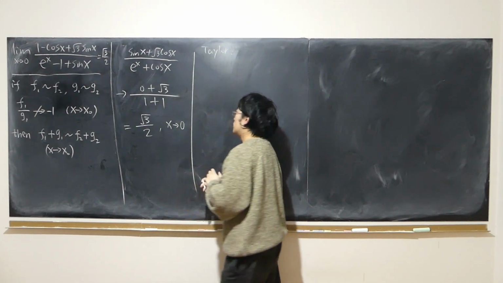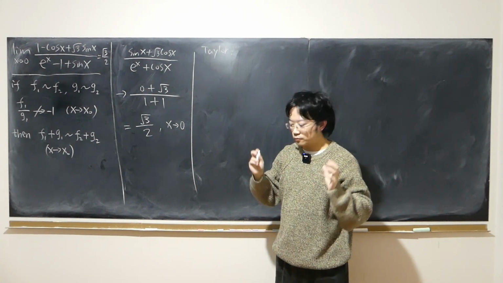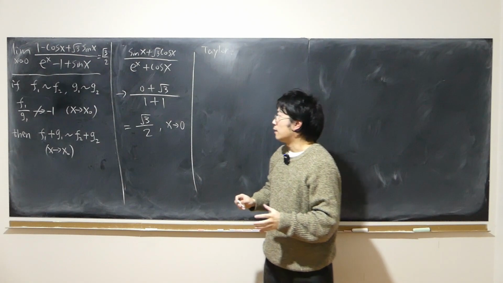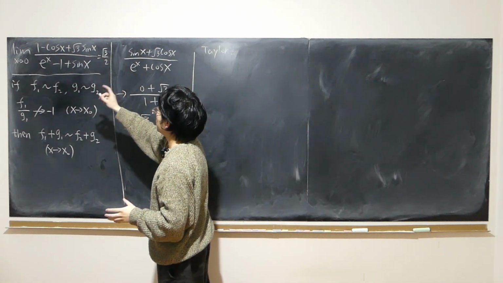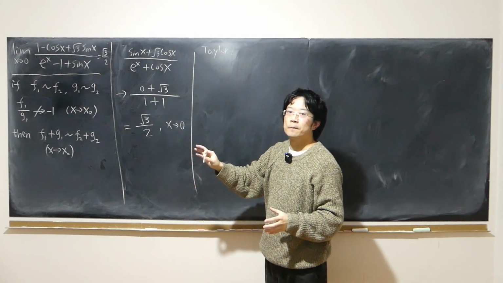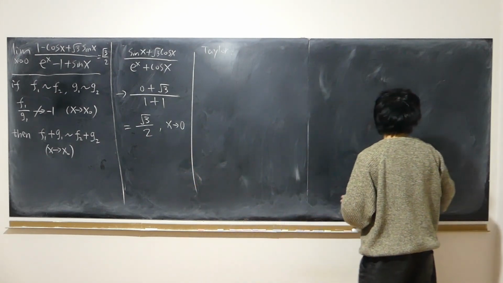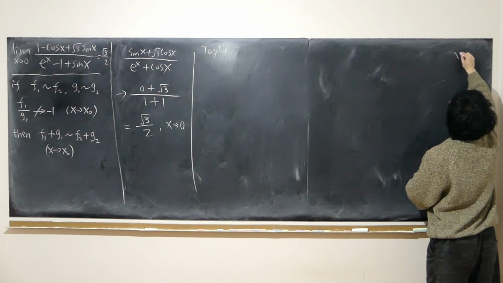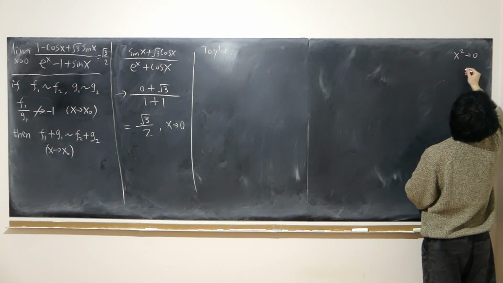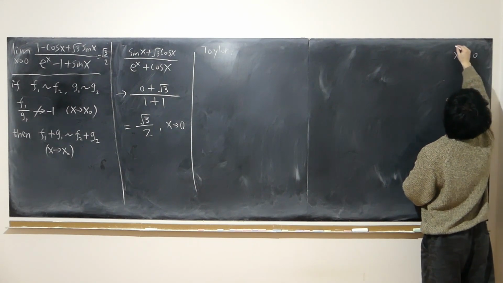Because remember, when I mentioned at the beginning of the video, I was talking about the speed at which the top or bottom is approaching 0. At exactly what speed? That's what I mean. So we can say that x squared approaches 0 as x approaches 0.